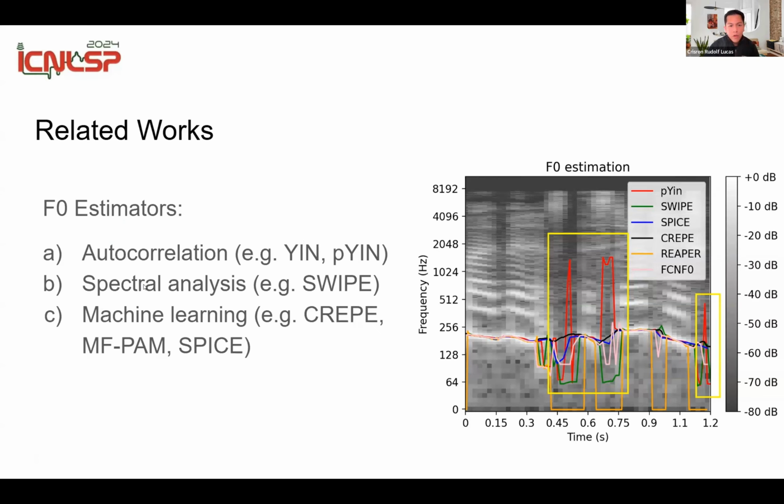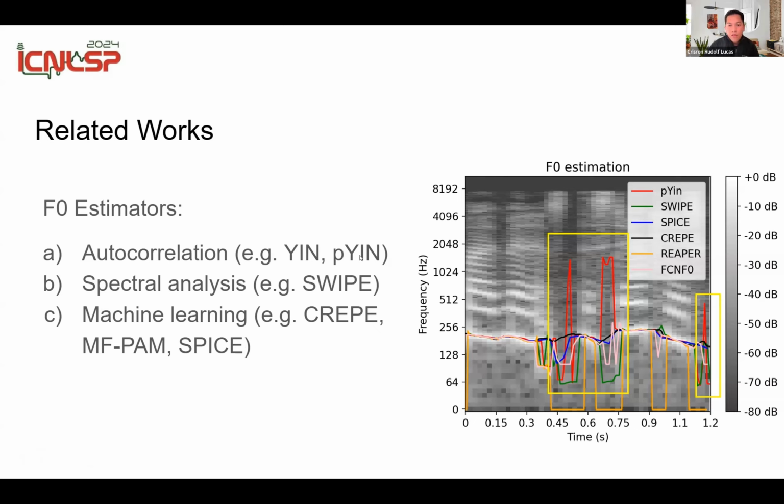You can also get the fundamental frequency using spectral analysis by peak picking across the spectrum. And with the advent of different labeled datasets such as MIR-1K, MDB-stem-synth, or MDB datasets, machine learning methods have started to be developed, like CREPE, FCN-F0, and SPICE.